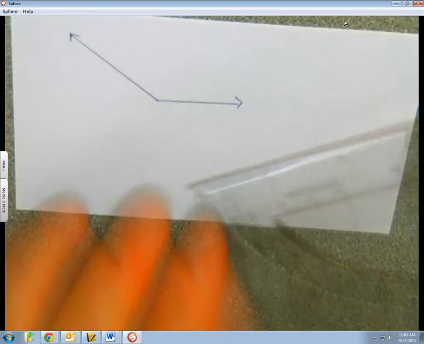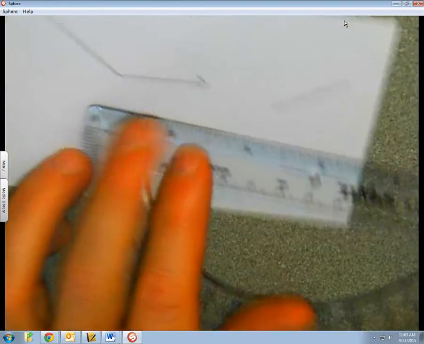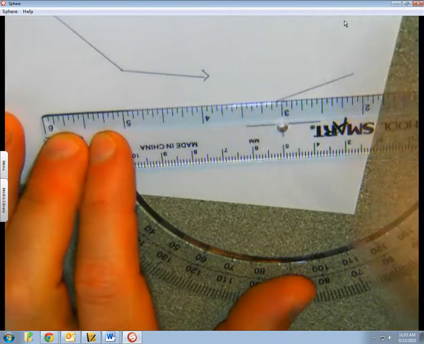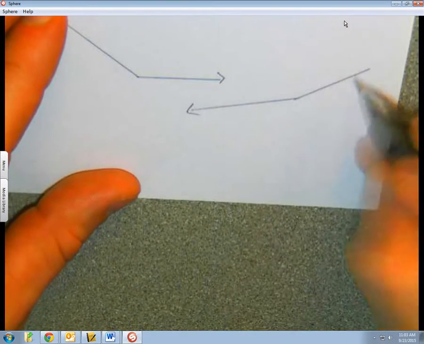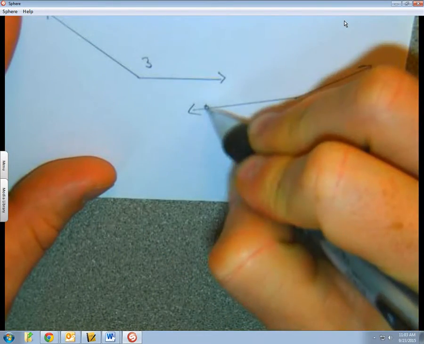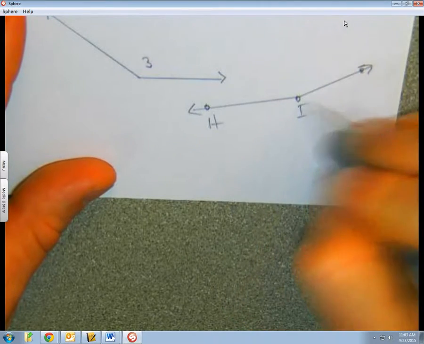And we'll draw a crooked obtuse angle. Maybe goes like, and we'll call this angle 3. Call that angle HIJ.